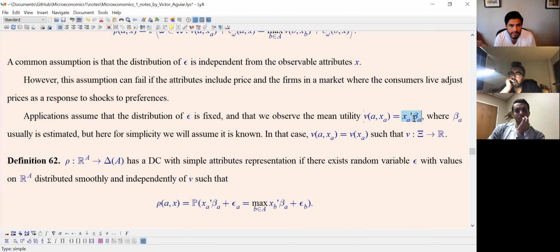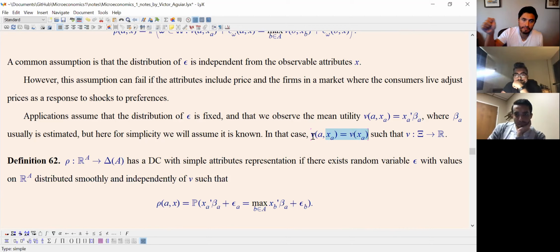Beta is just a mix of numbers that mixes these attributes and generates a linear index, which gives you the numerical number that is your mean utility. As you can see, this function doesn't depend on A anymore, but just on the attribute vector. For instance, if you have two goods that have the same price, and price is the only attribute, then they both have the same mean utility. Understood?